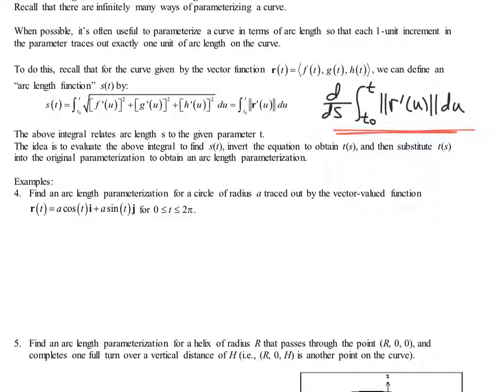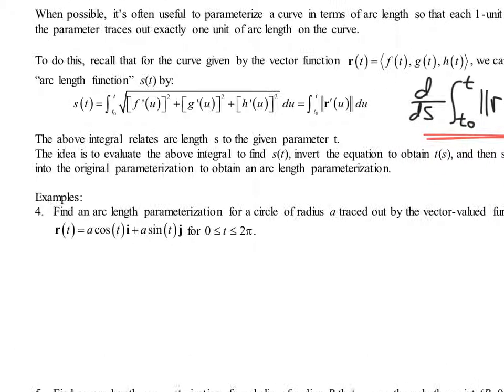So let's find the arc length. Instead of going from 0 to 2 pi, which would be a finite set of parameters, I'm going to go from 0 to some variable parameter t. All right, so from 0 to t, because it could be at any moment over the interval of 0 to 2 pi. So I'll just make a note of that.